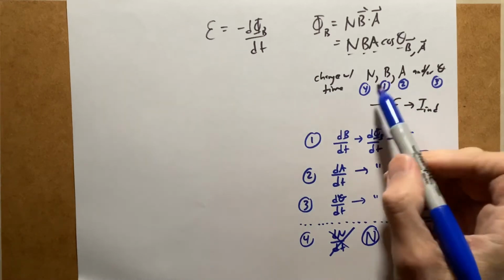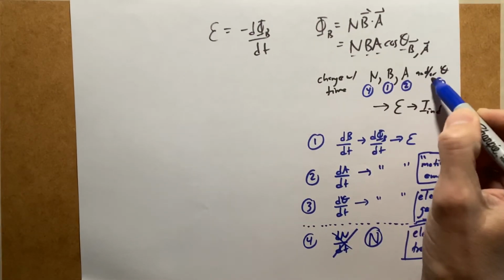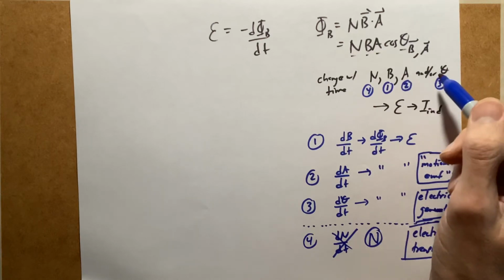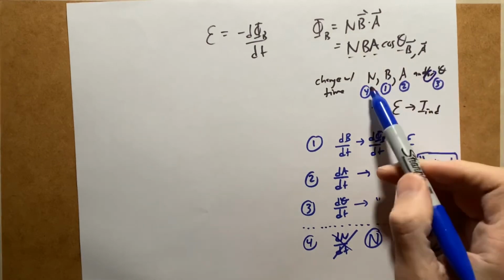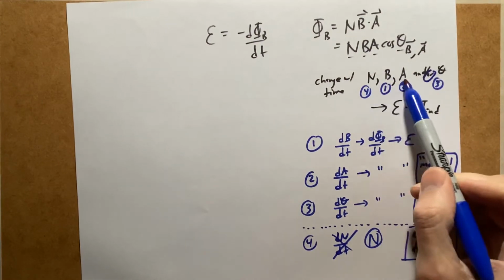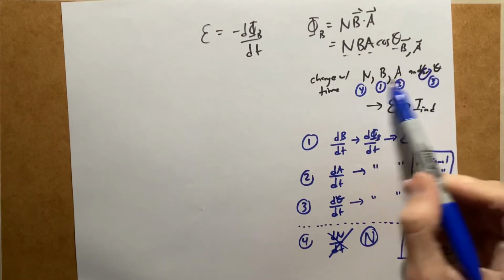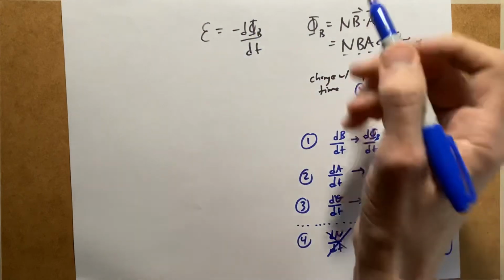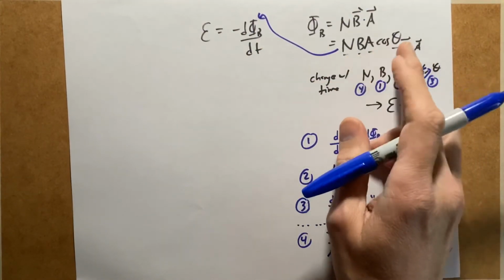So essentially, and of course, I should point out, you could change more than one at a time, and those would definitely change the flux potentially. I'm not going to do that to you, so it's going to be one of these only. It's going to be something with N, B, A, or theta, not more than one. Although, of course, if you did have to change more than one, essentially this just goes in here, and you could do the product rule here.